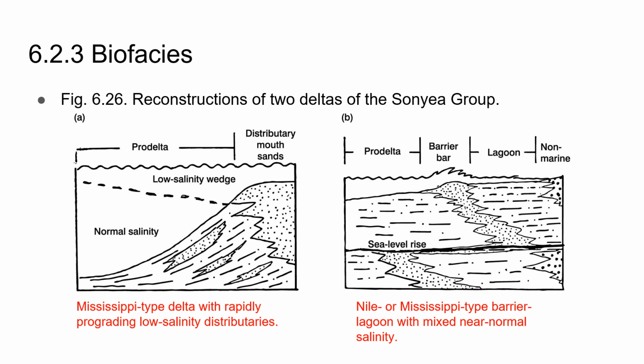And then in our second example, our Nile or Mississippi type barrier lagoon mixed with near normal salinity throughout, which is why we saw distinct differences in our biofacies that corresponded with the same distinct differences in our lithofacies. So again, by combining these two types of facies analysis, biofacies and lithofacies, we can learn a lot more about the environments that we're looking at.